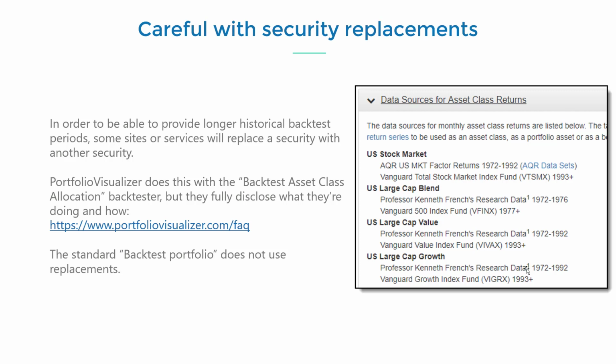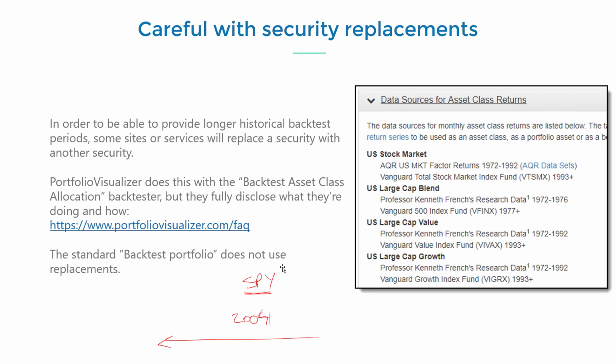All right, next one over here is the concept of security replacements. So what happens is that if you run a backtest, let's just say with SPY, this particular ETF started from a particular date. I think it started in 2004, thereabouts. So you might say, well, clearly, I would prefer to go back further in time and not just start from whatever date that particular ETF started.